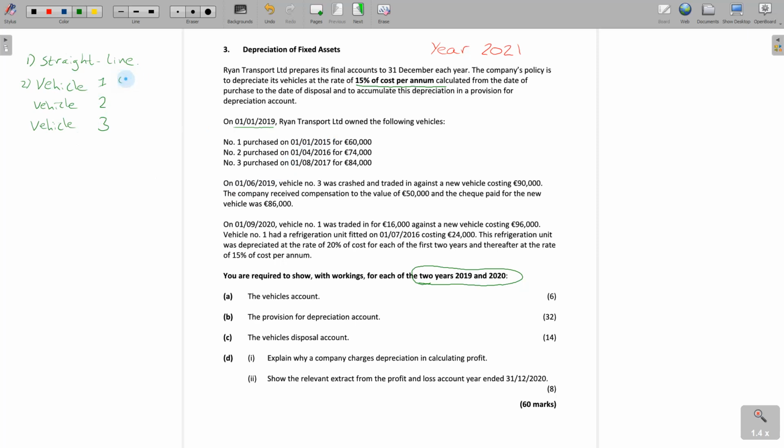So this was 2015, 2016, 2017. That's when we're going to be introducing depreciation in the table for these vehicles. Note that vehicle 1 was the first vehicle bought in 2015, so that's going to be the beginning of our table. So that's these dealt with.